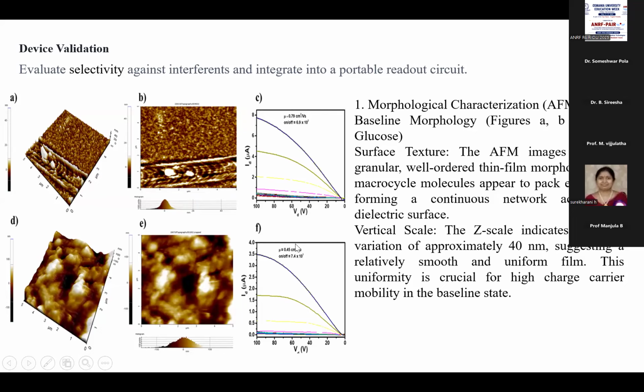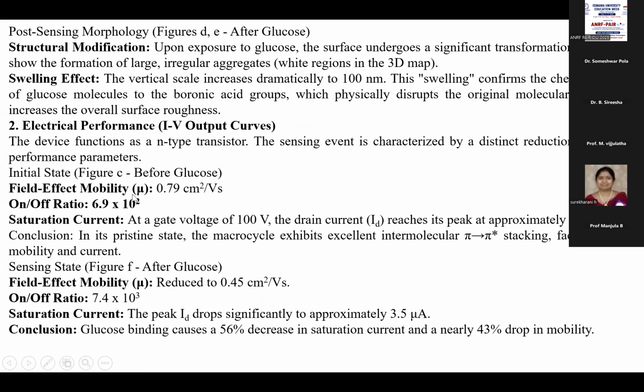After introduction of saliva on the surface of this device, the mobility reduces to 0.45. Based on this reduction, the on-off ratio and everything changes based on this mobility data.